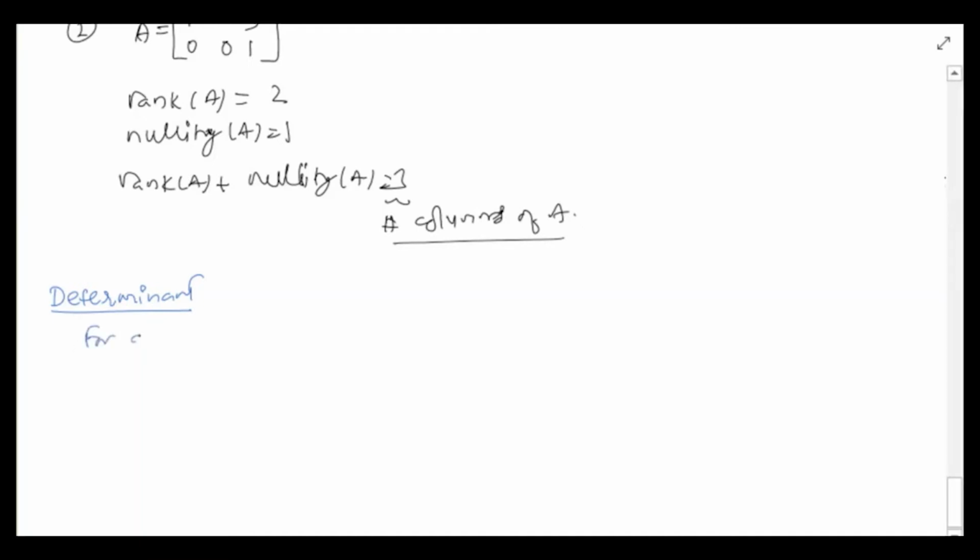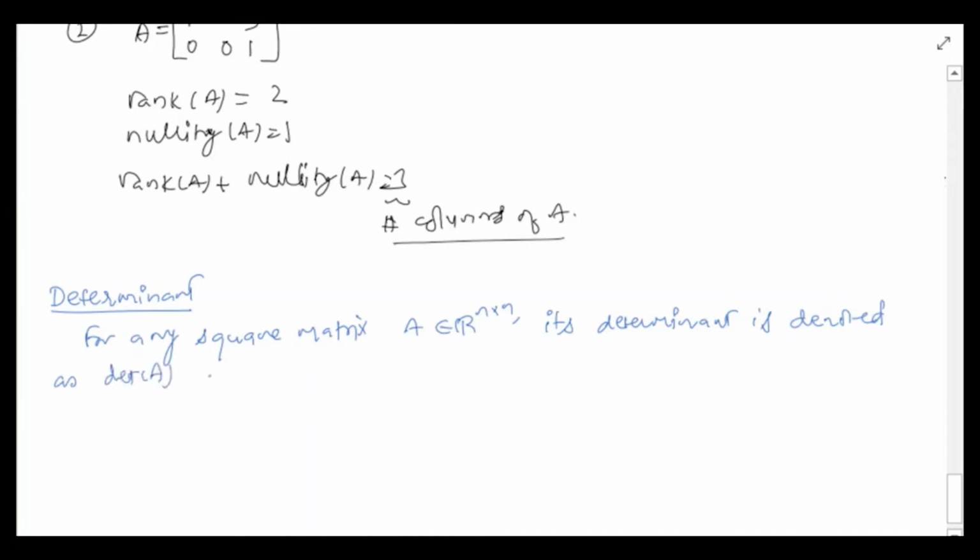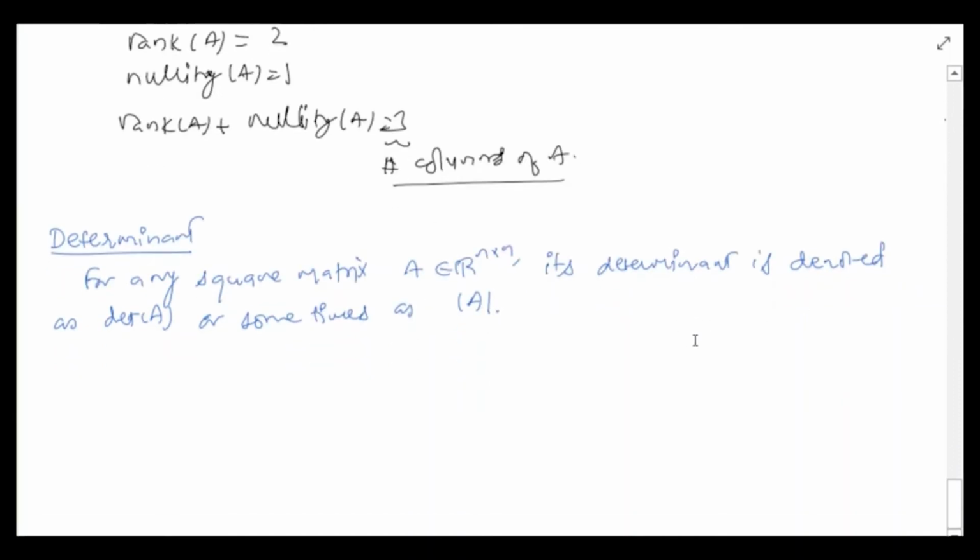So for any square matrix A, say an n by n matrix, its determinant is denoted as det of A, or sometimes as this. As I already indicated, det of A is a real number.